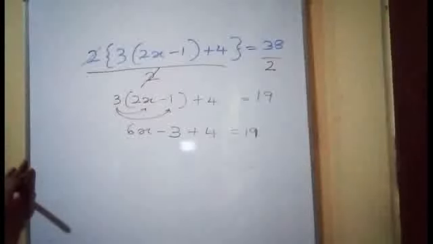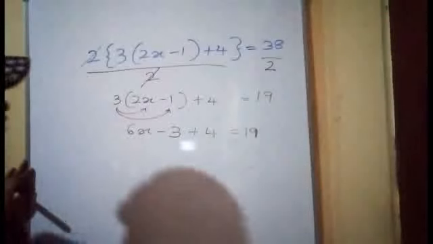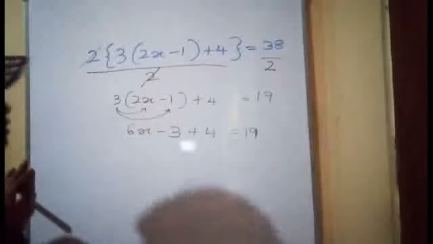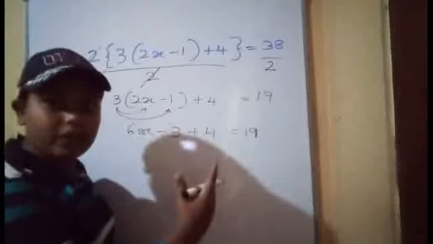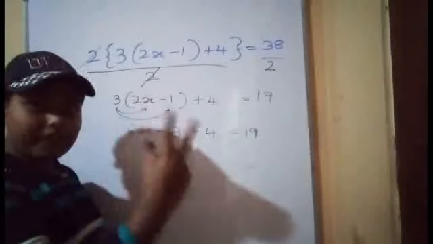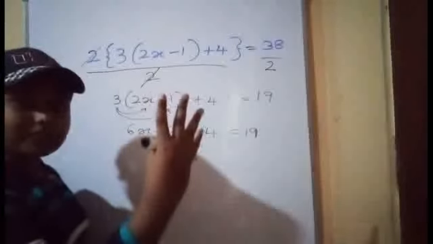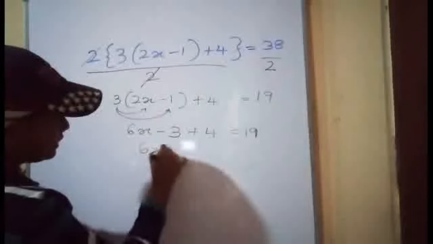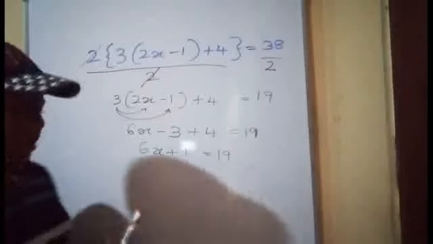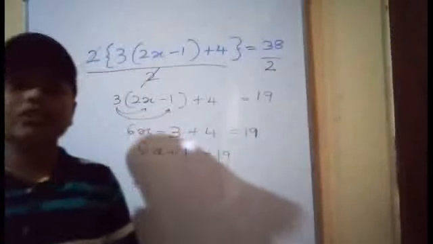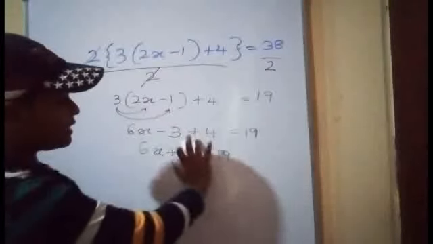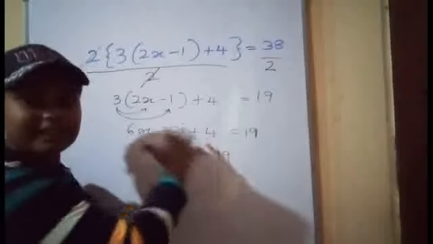Now, minus 3 plus 4 is what? Minus 3, minus 2, minus 1, 0, plus 1. So 6x plus 1 equals 90. In the last video I did this math theory, the method for minus 3 plus 4, minus 6 plus 8 and so on.